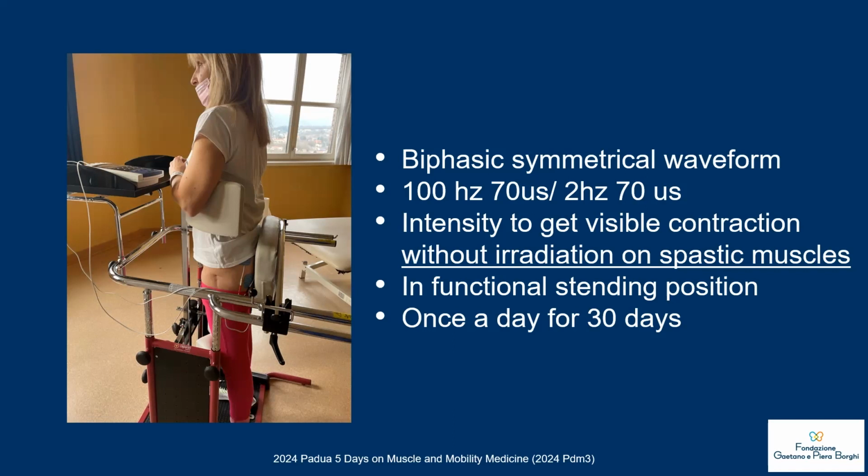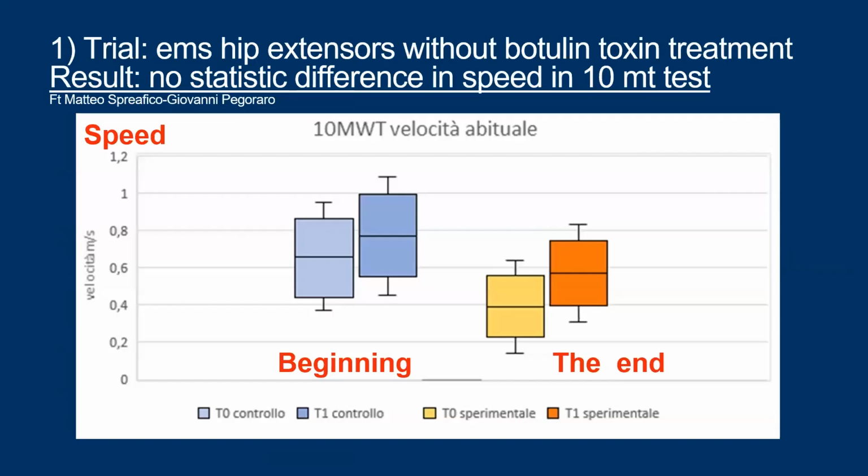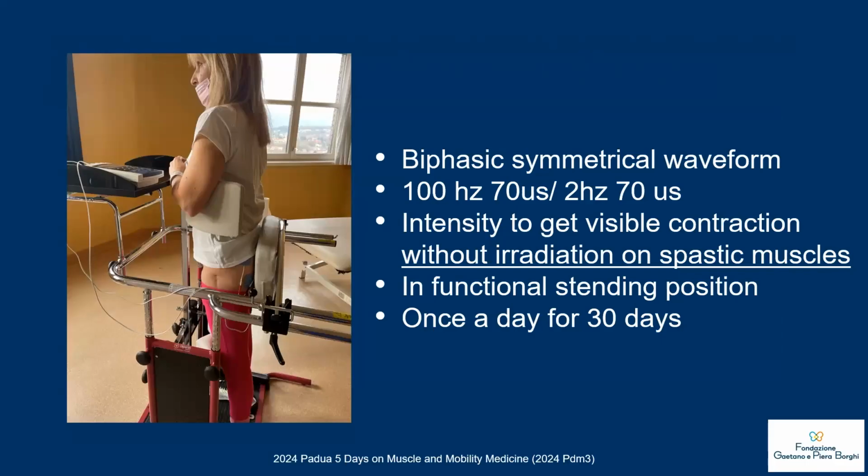I use the low frequency to get more intensity, and the intensity that we use is just to observe a good quality of contraction, but to avoid an irradiation to the spastic muscle. We don't need to stimulate a spastic muscle.